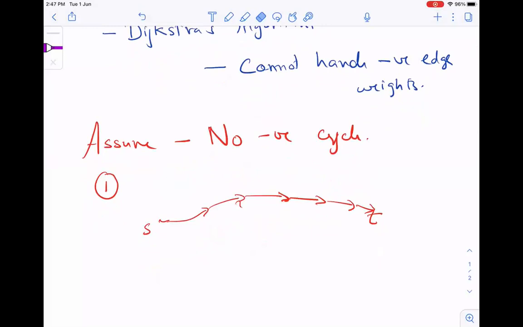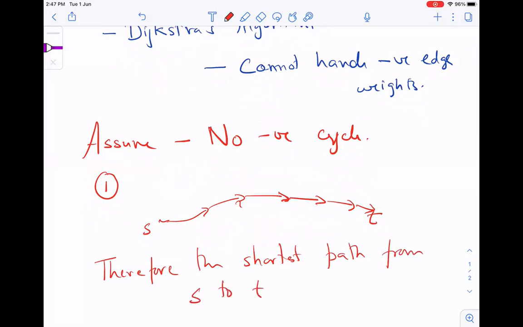So we can always assume that the shortest path from S to T is a path. So one thing that we know, therefore, is that the shortest path from S to T has at most n-1 edges.